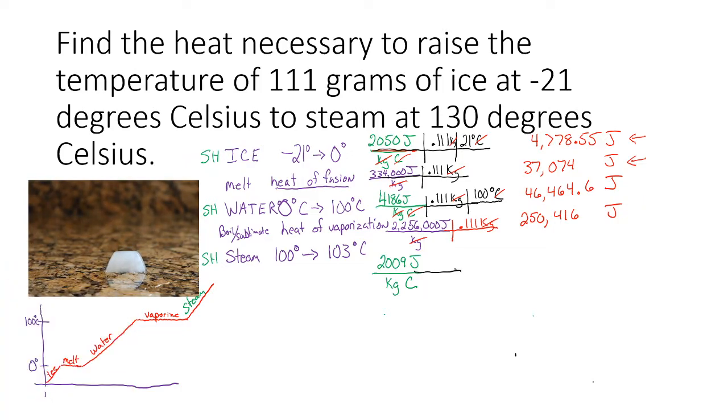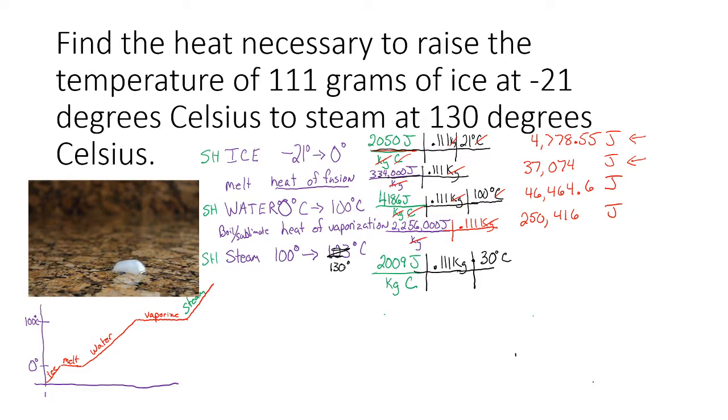All right, and then we'll do the same thing for the steam. We'll do 0.111 kilograms times our 30 degrees Celsius. There's a mistake over here from the problem. We want to raise it to 130 degrees Celsius.